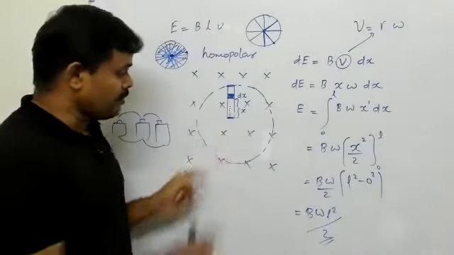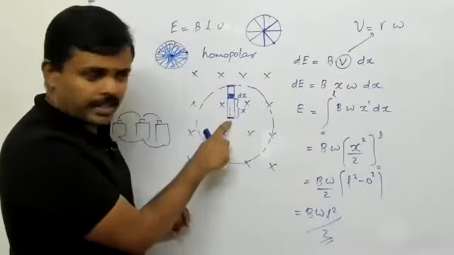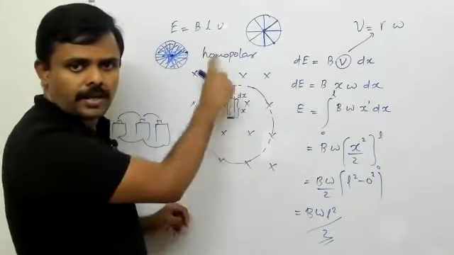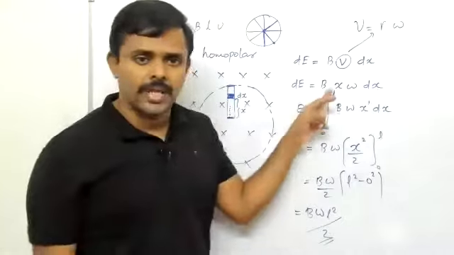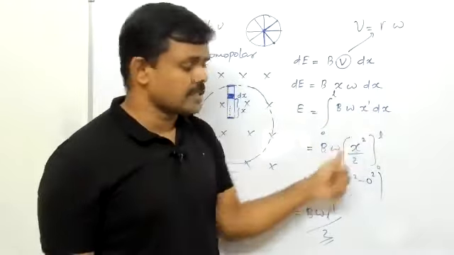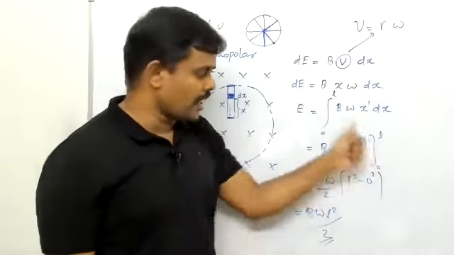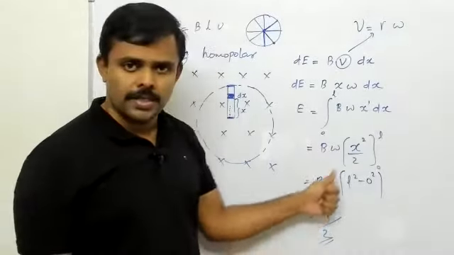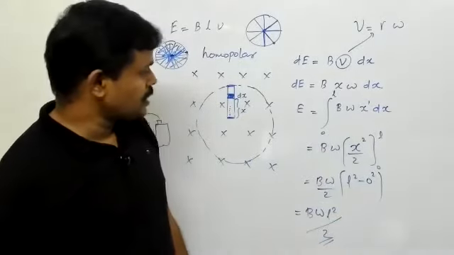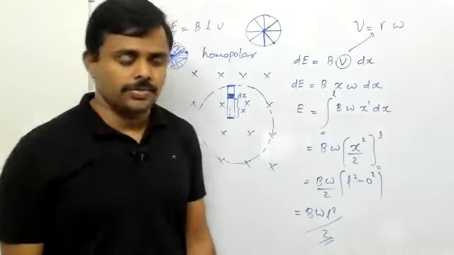From 0, because the element can be located at the fixed end, till this end, so 0 to L. B omega x dx integrates to x square by 2, from 0 to L. So B omega by 2 into L square minus 0 square, so B omega L square by 2. This is the equation for the EMF generated due to a rotating conductor.